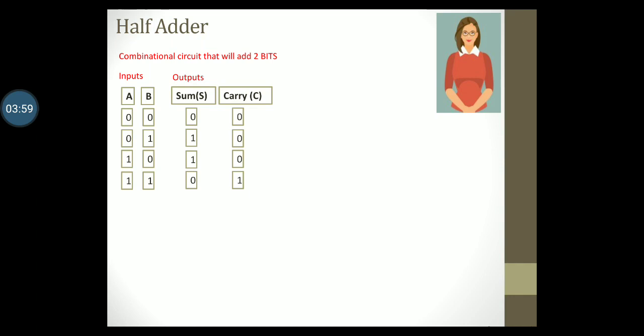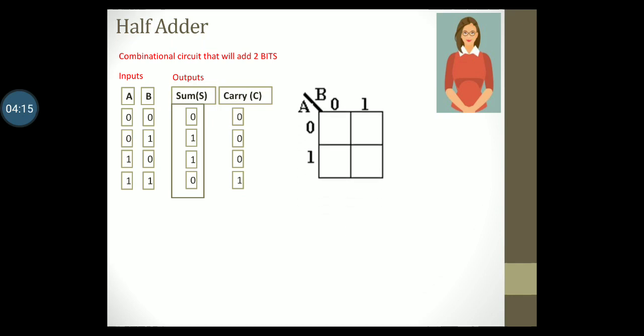Let us proceed with step 2 of the design process, that is draw K-maps. Since we have two input variables, we will need a two-variable K-map. We need to get an expression for sum. So let us draw a two-variable K-map for sum. We plot the values where sum is equal to 1 on the K-map.